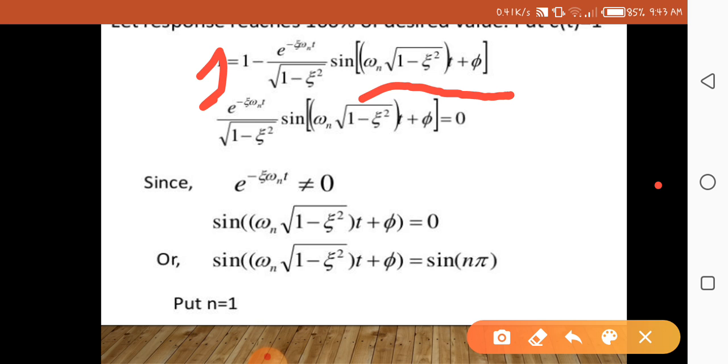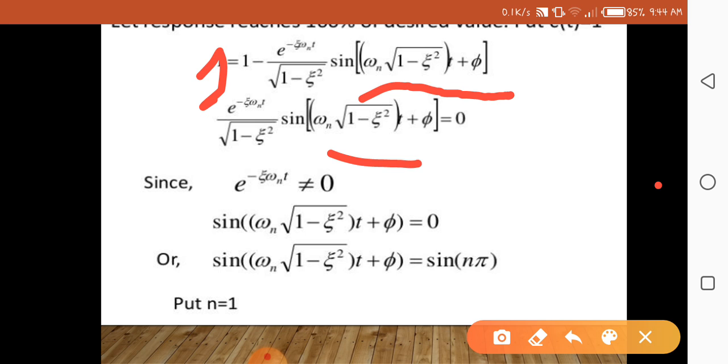Now it is rewritten as e^(-ζωn tr) / √(1 - ζ²) × sin(ωn√(1 - ζ²) t + φ) = 0.